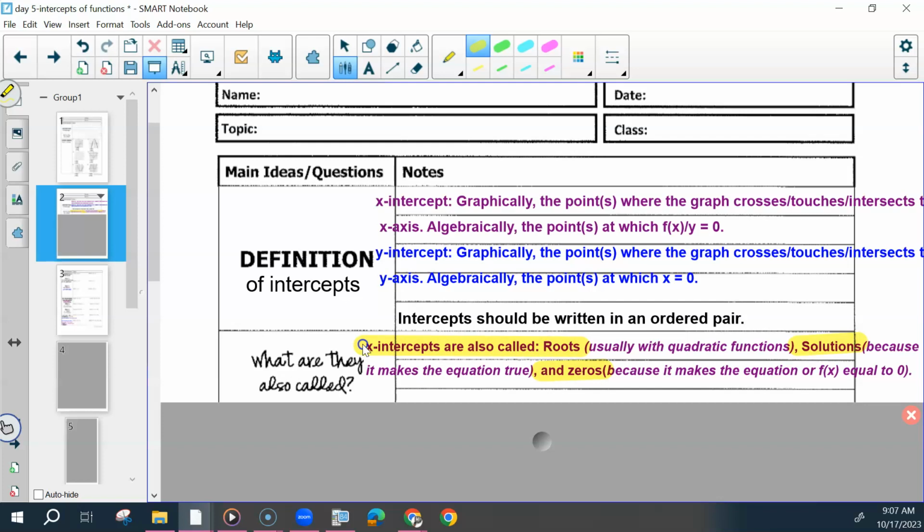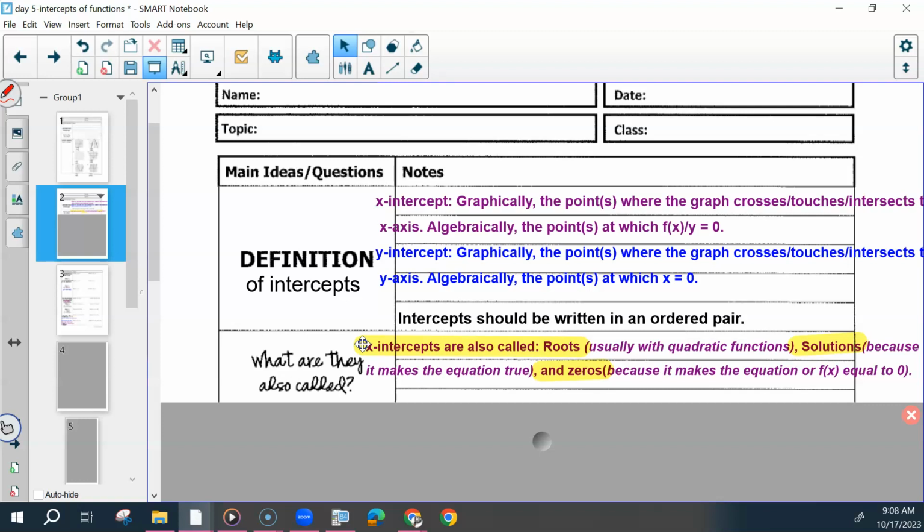X-intercepts are also called roots, solutions, and zeros. I'll explain why though. Roots you usually see with quadratic functions, which we're not doing at the moment, but we will do later in the year. Solutions because it makes the equation true, which we've seen before.